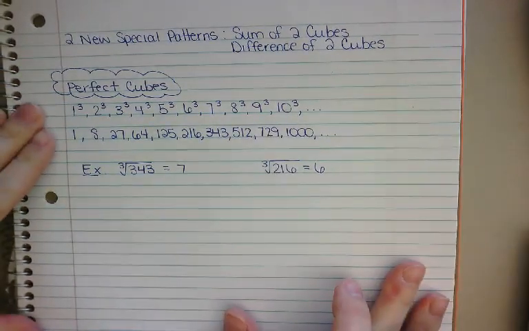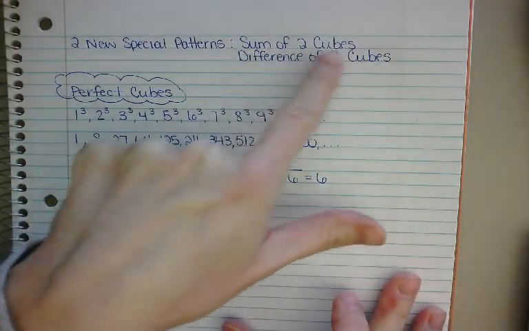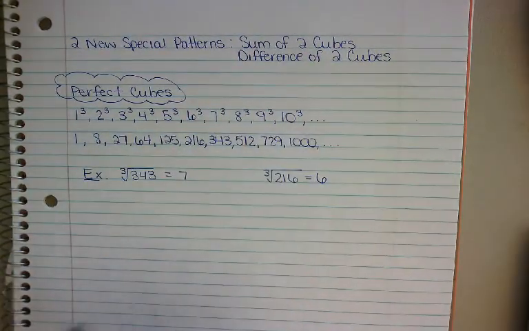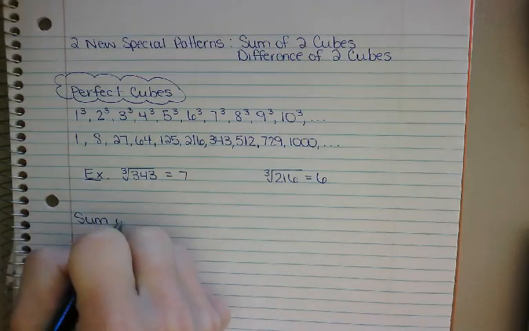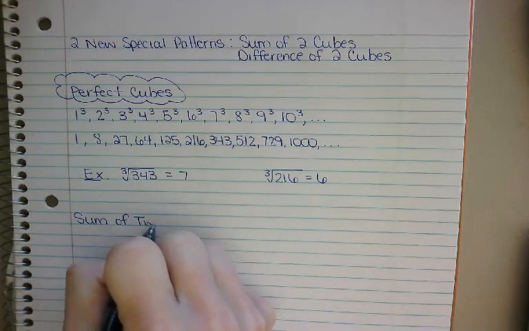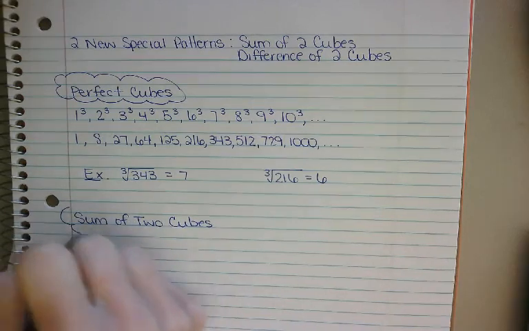All right, so we need to know perfect cubes because today's lesson is to recognize the sum of two cubes or the difference of two cubes. So if they give you the sum of two cubes, okay, so special pattern.